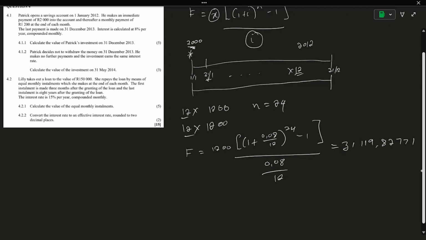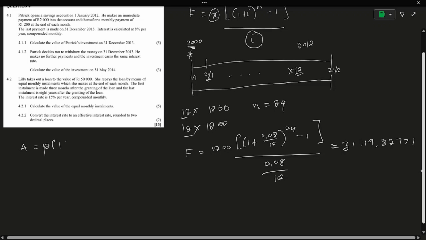We only saw one 2000, and in the following months, at the end of each month, we saw this person paying 1.2 consecutively. But we didn't see any 2000s anymore. So in other words, we can treat 2000 as just a compound interest. So in other words, we can use A equal to P, 1 plus I, all to the power of N.